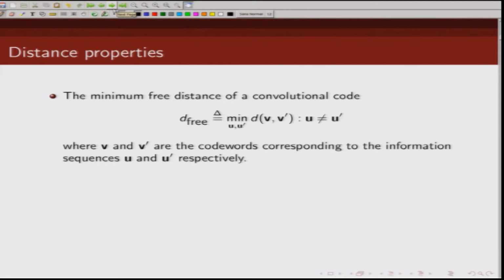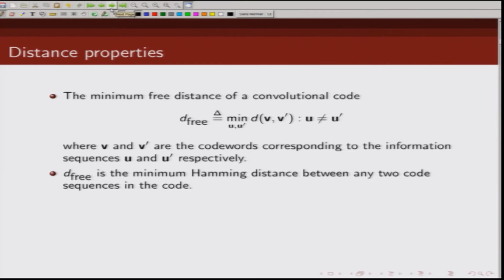So, minimum free distance of a convolutional code is defined as the minimum Hamming distance between two codewords v and v hat, where v and v hat are two codewords corresponding to information sequences u and u hat, where u and u hat are two different information sequences.